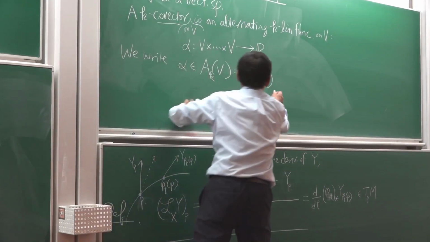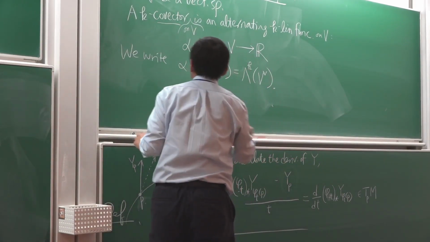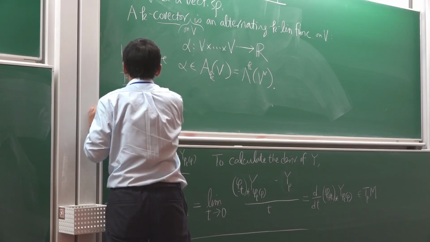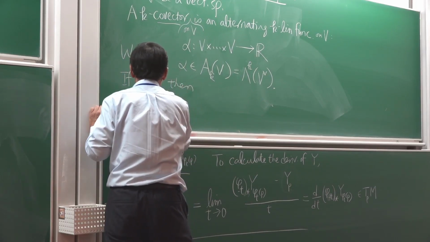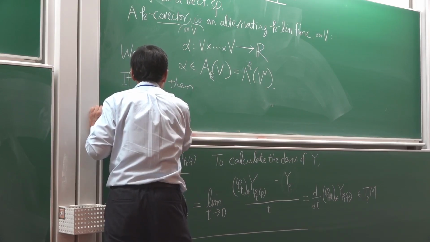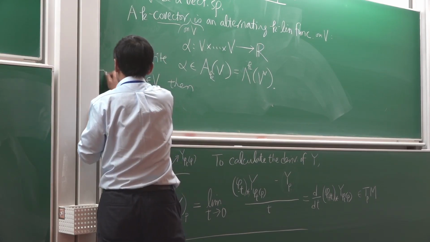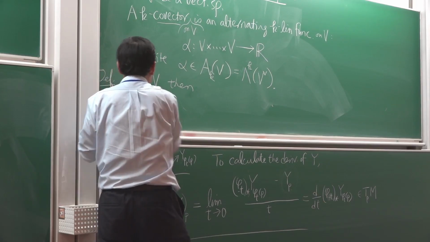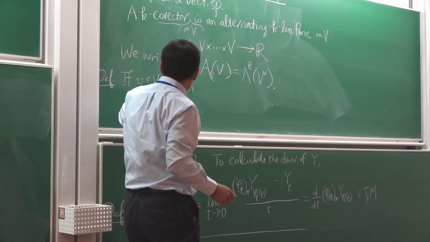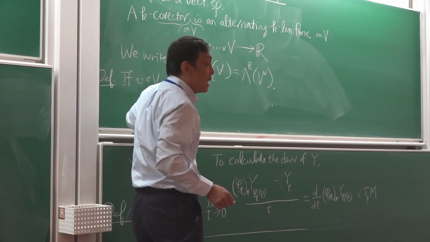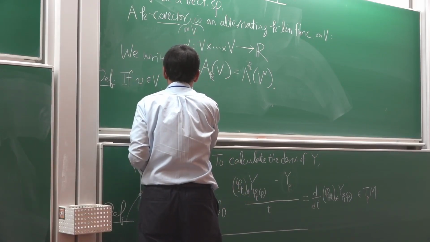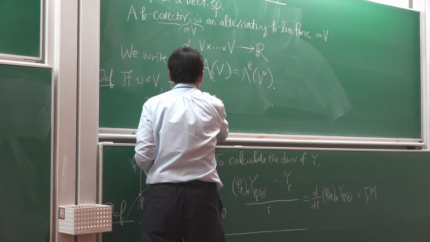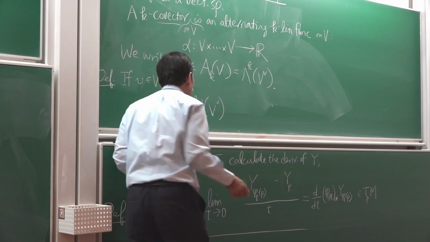Okay? And now, if v is in V, then I define the interior multiplication of v applied to alpha to be a (k-1)-covector. So this is lambda k-1 V dual.